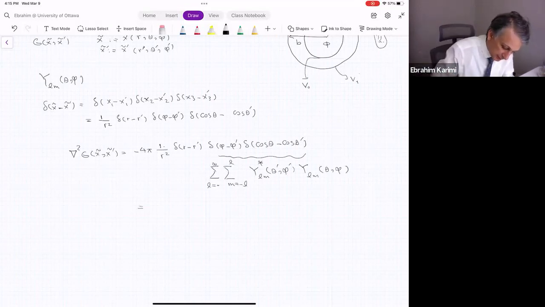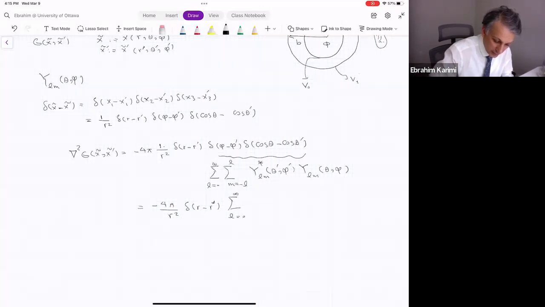So indeed, the expression that we do have now is minus 4 pi divided by r squared, delta of r minus r prime, summation of L from 0 to infinity, summation of m from minus L to L, of YLM star of theta prime and phi prime, and YLM of theta and phi.